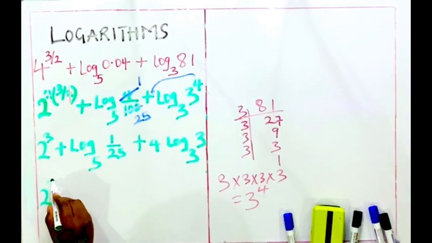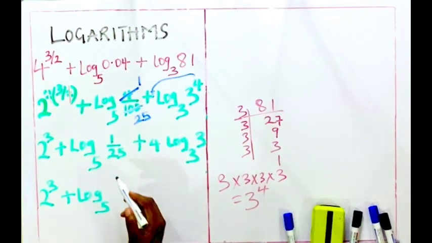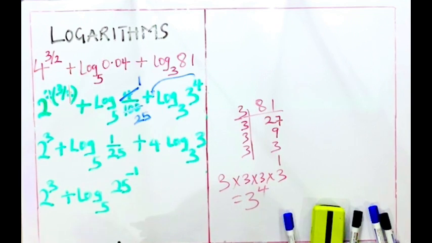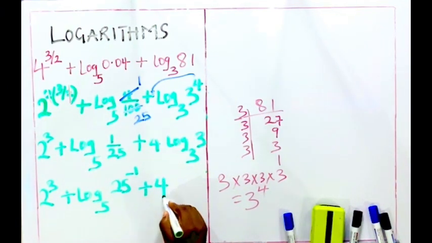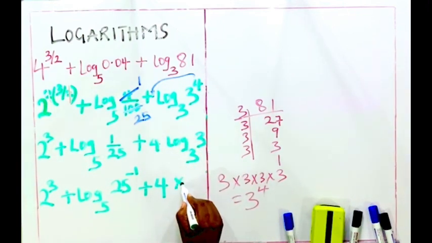2 to the power 3 plus log base 5, 1 over 25 can also be written as 25 raised to the power of minus 1, plus 4 log 3 base 3 is the same thing as 1.